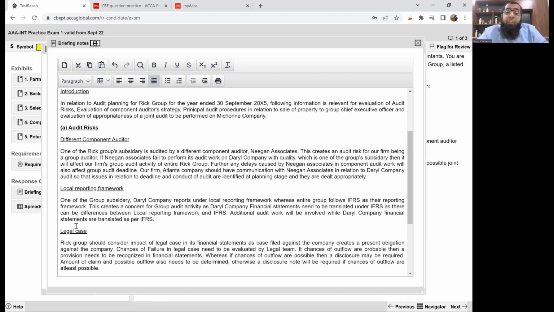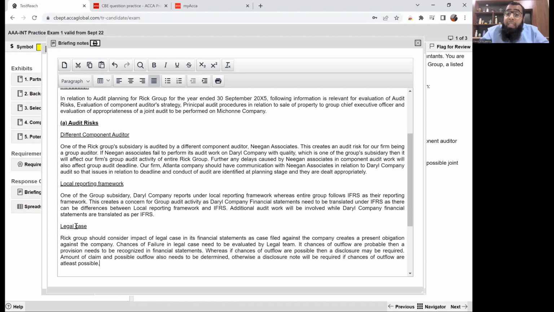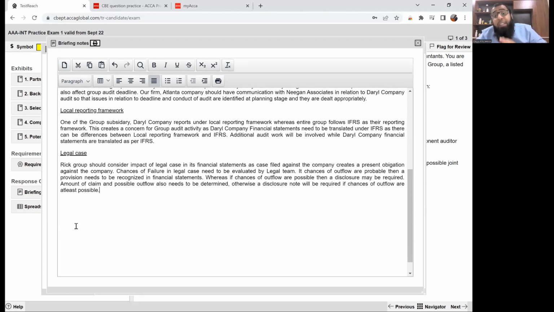Now, if I just give you a revision of IAS 37, as per IAS 37, if a claim is filed, it creates a present obligation. If the chances of outflow are possible, you need to make a disclosure. If they are probable, you need to book a provision. If you cannot determine the amount of the claim, then you have to give a disclosure. Because if you cannot determine the amount, you cannot book a provision, but at least a disclosure will be required.